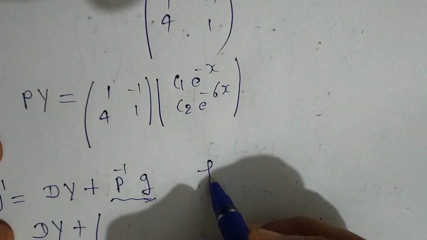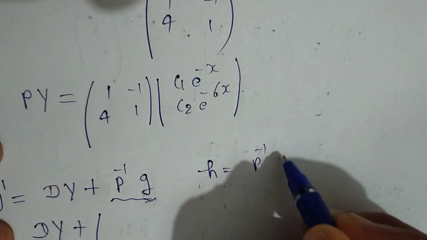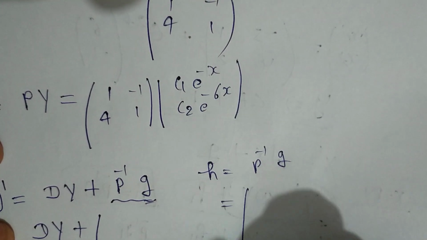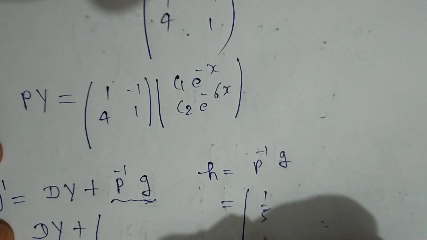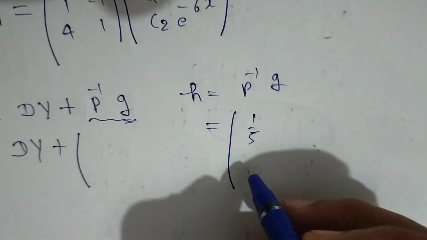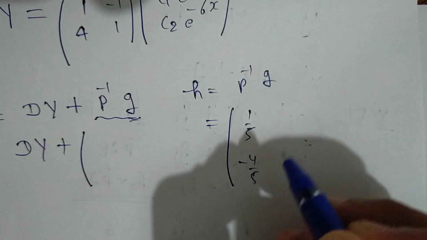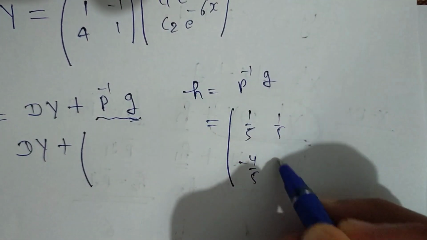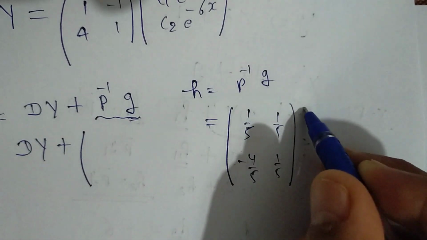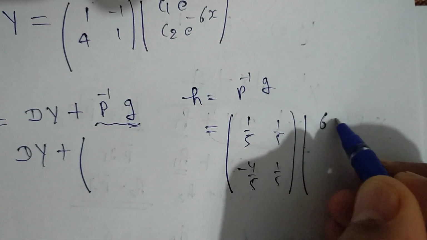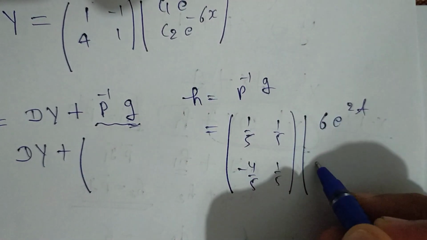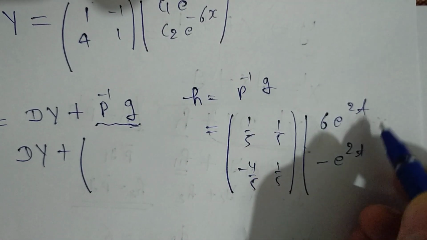So h equal to P inverse g. This P inverse is 1 by 5 [1 1; -4 1] and g equal to [6 e power 2t; minus e power 2t].